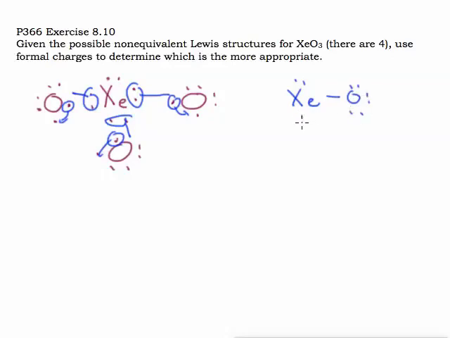But we had also talked about what else could happen here. We said that the xenon could have these unshared pairs split up to create a double bond.